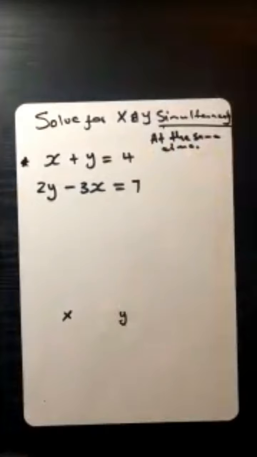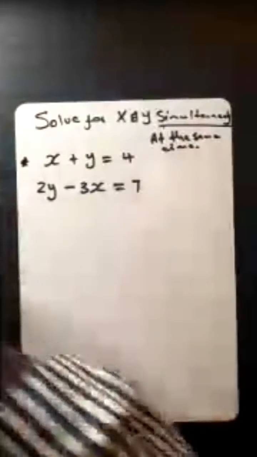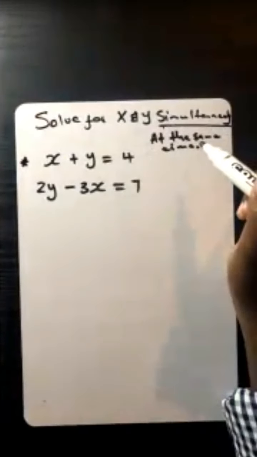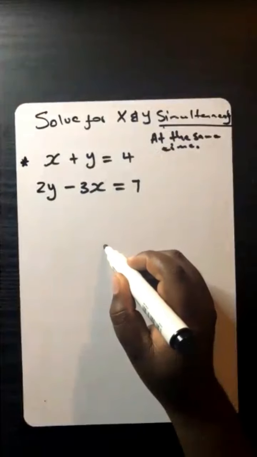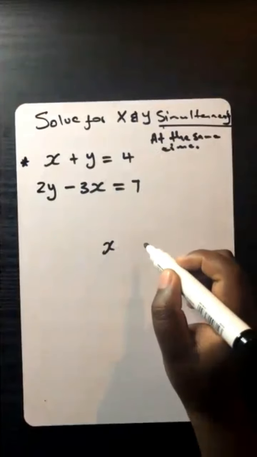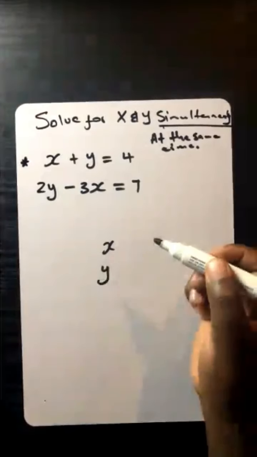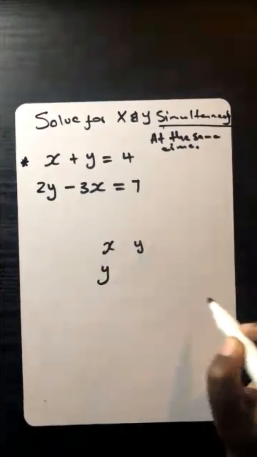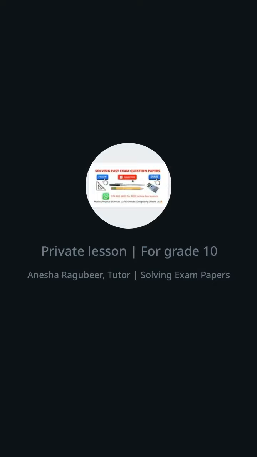Yes, sir. 100%. So when they say simultaneously, you can firstly solve for the value of x, and after that solve for y. Or otherwise, it's up to you. You can firstly solve for the value of y, then after solve for the value of x.